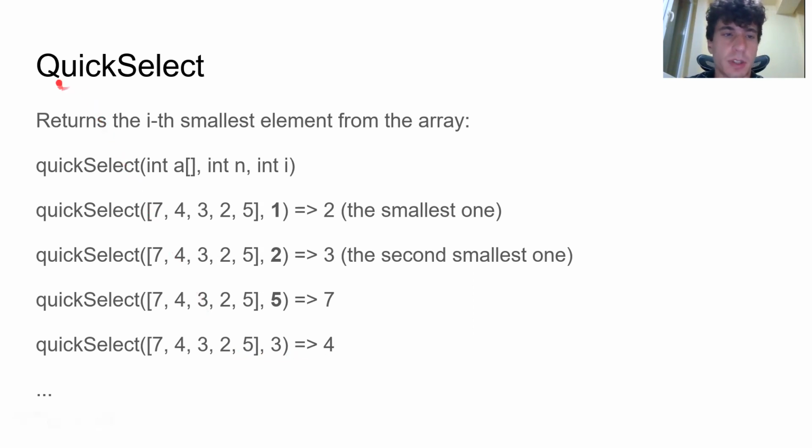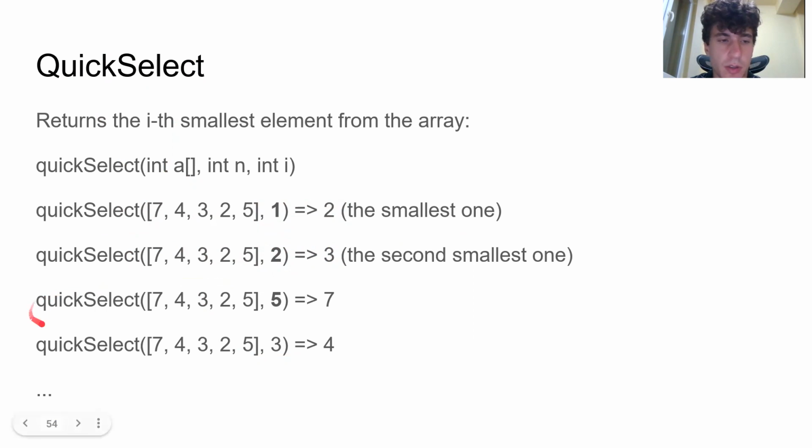So basically what select means is, when we have an array, select of 1 will give us the smallest element, which is 2. Select of the array and 2 will give us the second smallest element, which is 3.